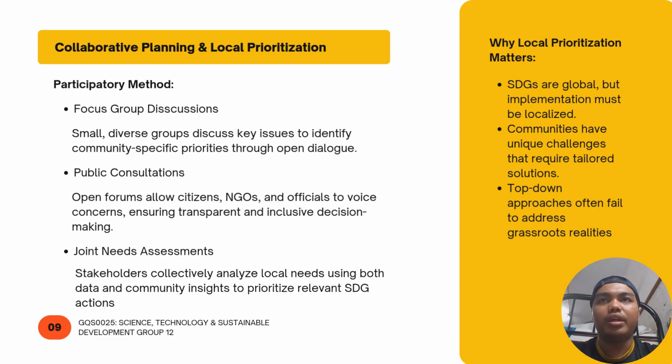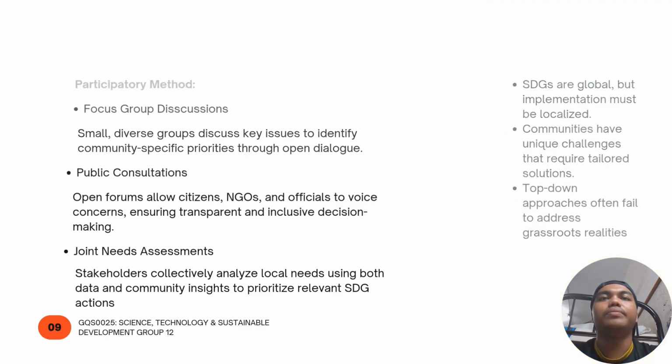For participatory methods, first, focus group discussion: small, diverse groups discuss key issues to identify community-specific priorities through open dialogue. Public consultation: open forums allow citizens, NGOs, and officials to voice concerns, ensuring transparent and inclusive decision making. And last, joint needs assessments: stakeholders collectively analyze local needs using both data and community insight to prioritize relevant SDG action.